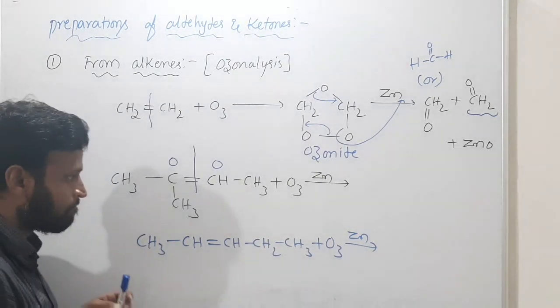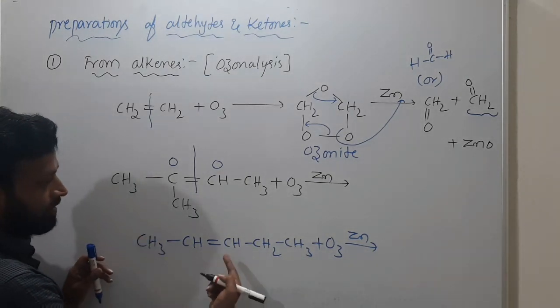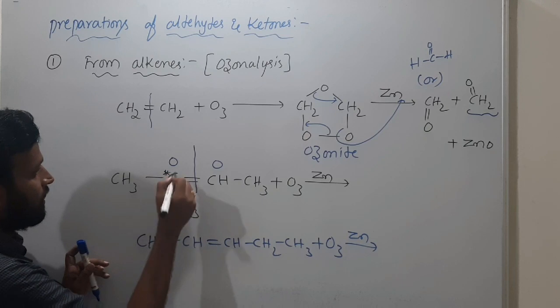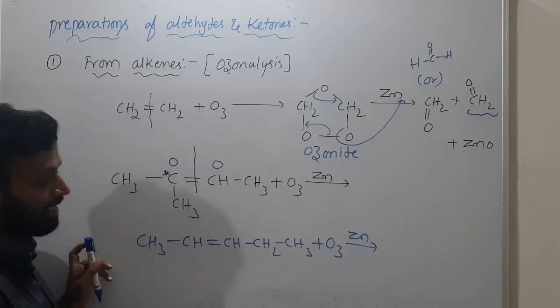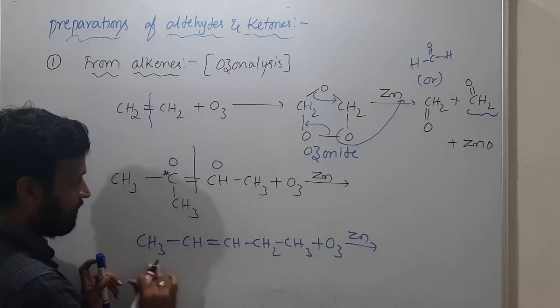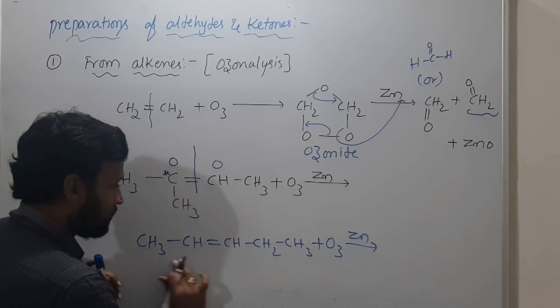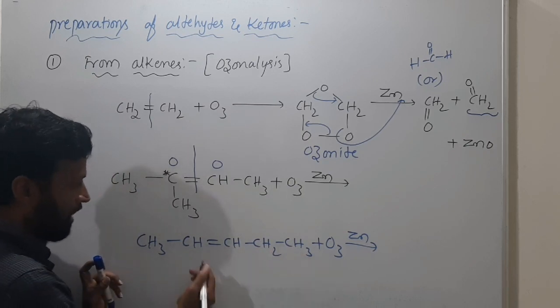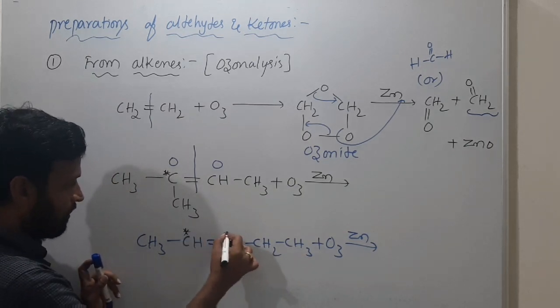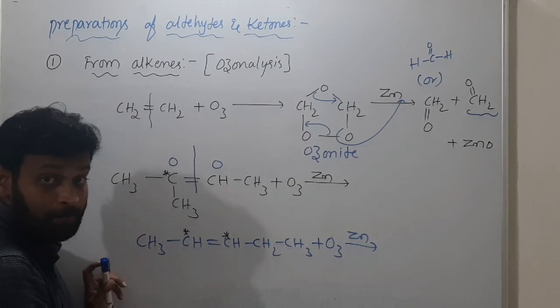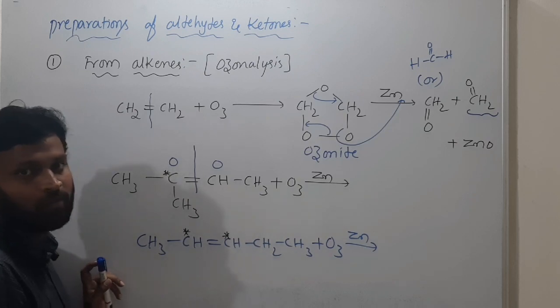What is the difference between this alkene and this alkene? In this double bonded carbon you have a methyl group as a branch, but in this one you don't have any branch. It is a simple normal chain, 1 2 3 4 5, and especially these double bonded carbons don't have any branch, then pakka aldehyde will form.